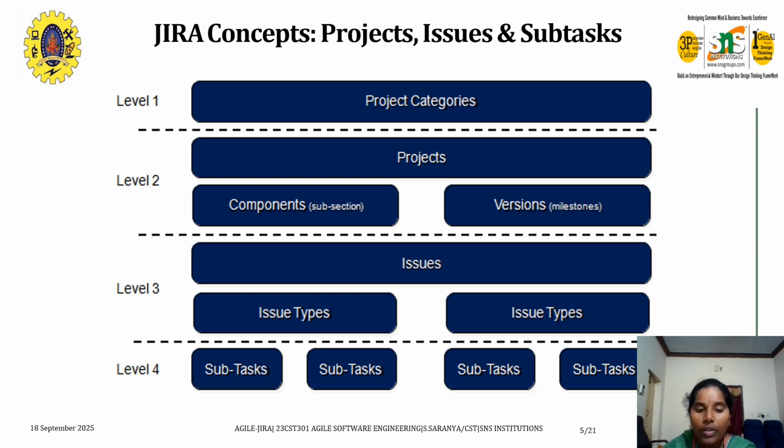The notification scheme defines who receives what email when the content of the issue changes. The permission scheme defines who can do what on issues. And the issue security scheme is nothing but who can see specific issues.